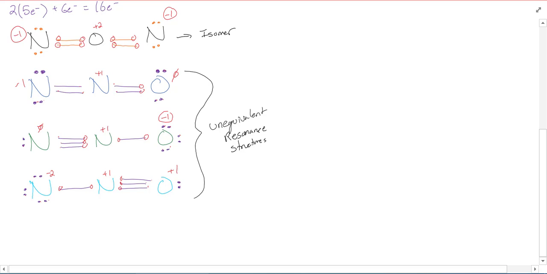So now looking at this, which one is probably going to be the best? Which one has the most electronegative atom negative and the minimal formal charge? Which one has the worst? The light blue is probably the least favorable.